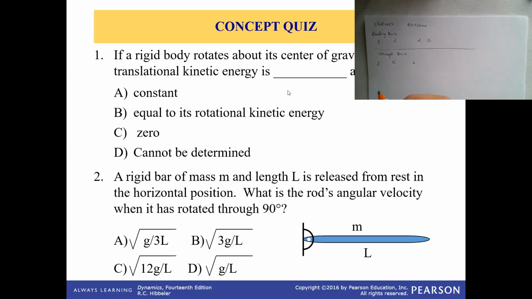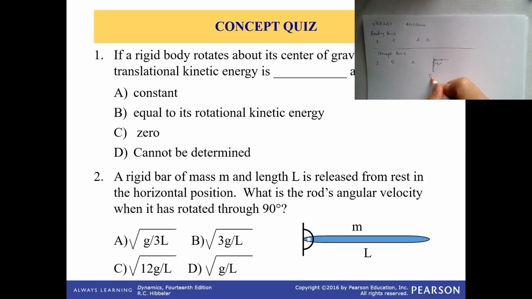On the second one, it says a rigid bar of mass M and length L is released from rest in the horizontal position. What's the rod's angular velocity when it has rotated through 90 degrees? The rod is originally in the horizontal position, and the final position will be vertical after it rotates 90 degrees.